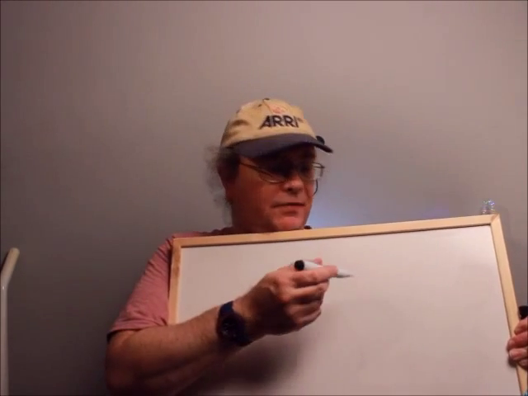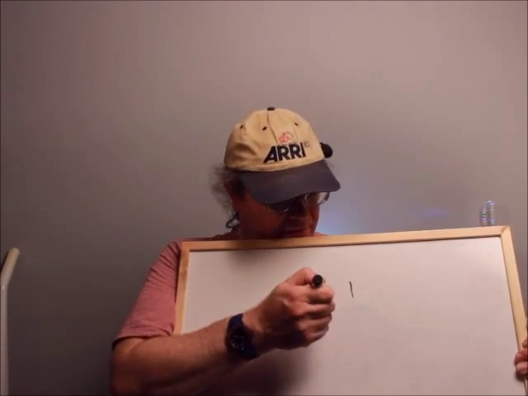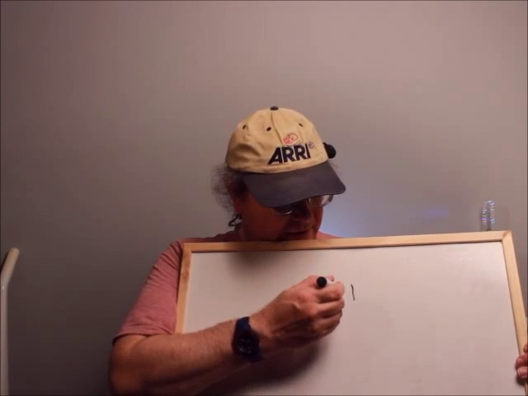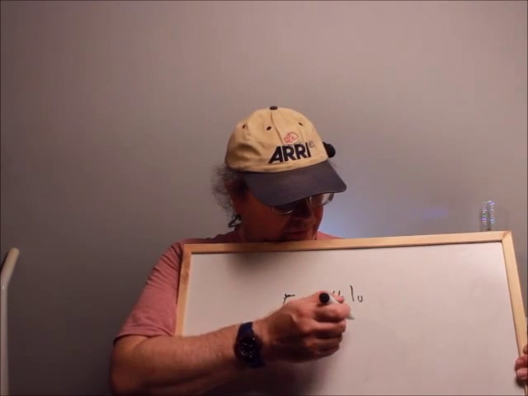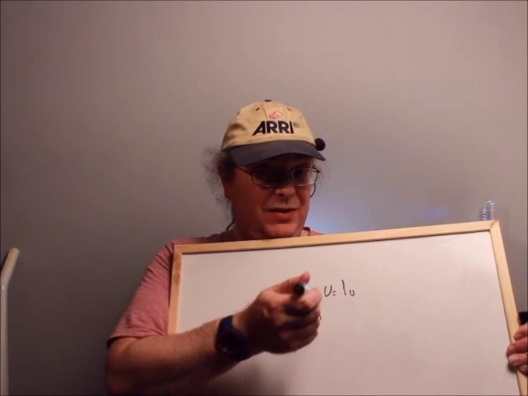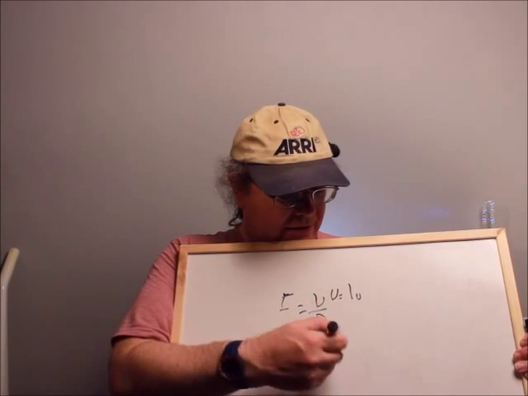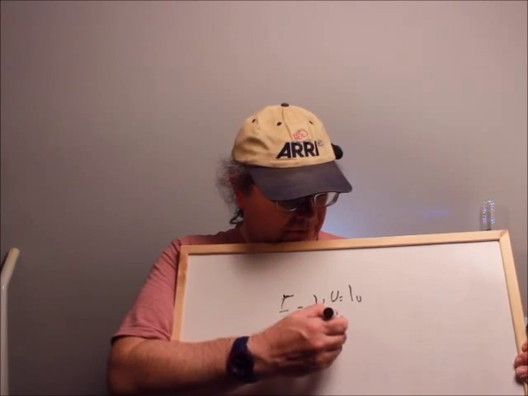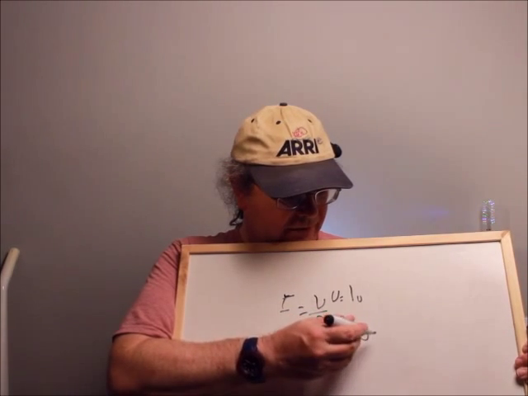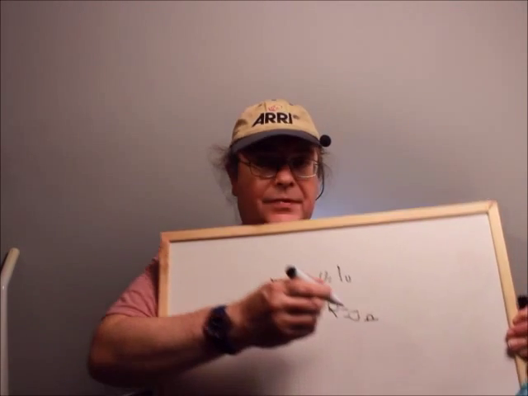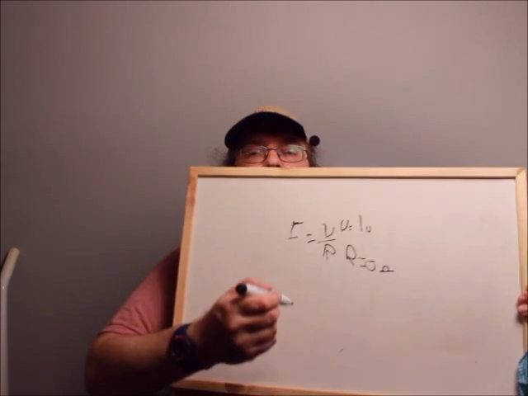What should we have for V? Let's just say it's 1 volt. V equals 1 volt. That's a V, not a U. Okay. And R equals 0 ohms. Now we're going to say what happens next.